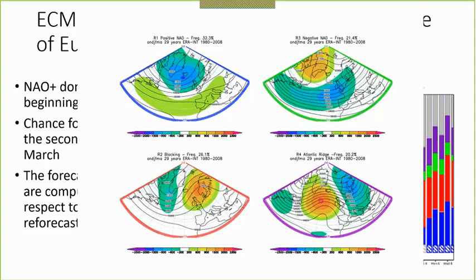So the NAO positive is actually 32.3% of all the regimes that we have had throughout the years, and then the NAO negative we have had 21%, and then we have had blocking 26%, and 20% we have for the Atlantic ridge.